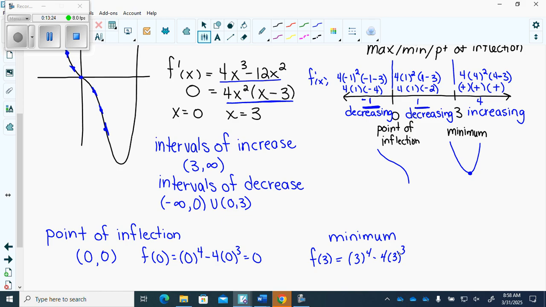Okay, quiet please. And I get negative 27. So my minimum coordinate is at 3 and negative 27. Right? Does that kind of make sense?